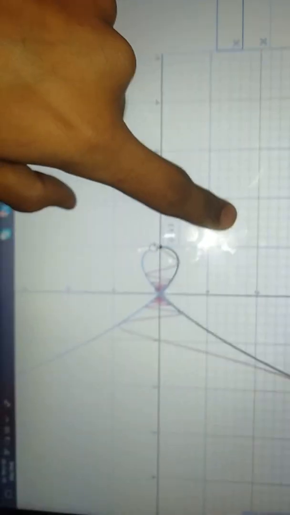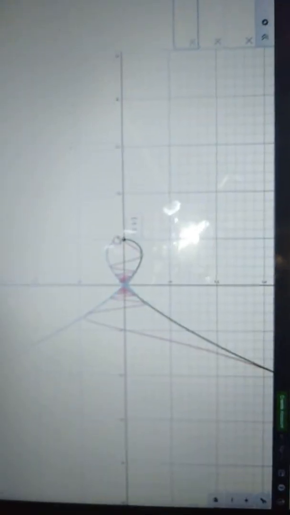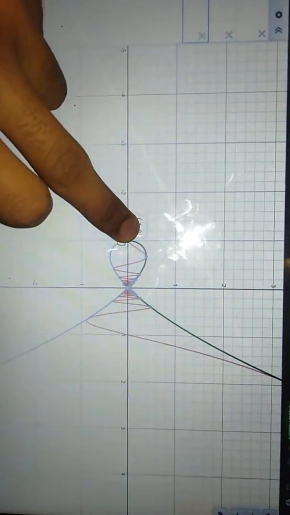Yeah, this function is lying between these two functions. This function is the red one, and these two functions are the blue ones. So this function is lying between these two functions for x belonging to minus 1 to infinity.